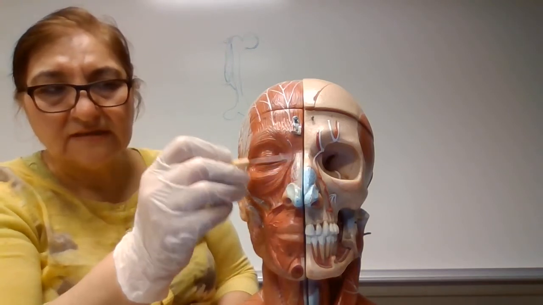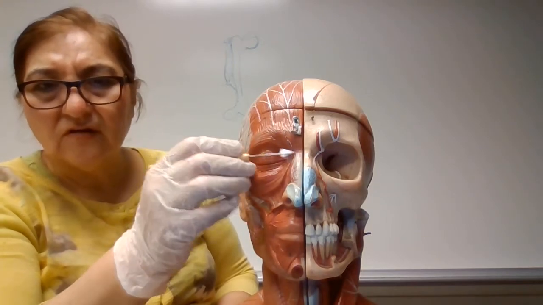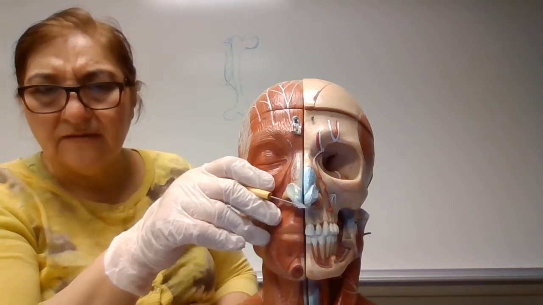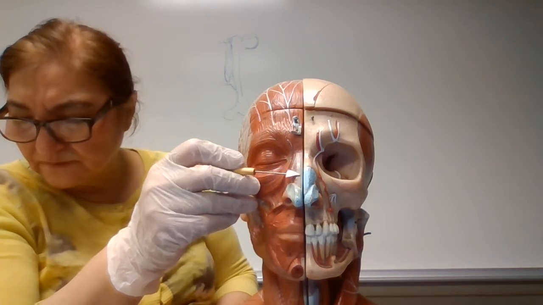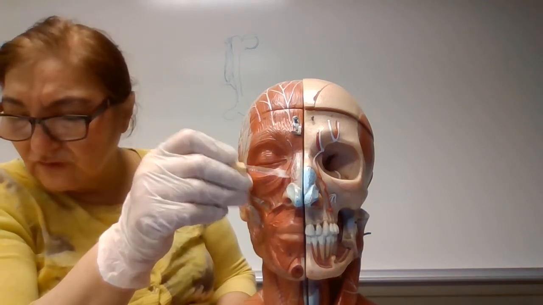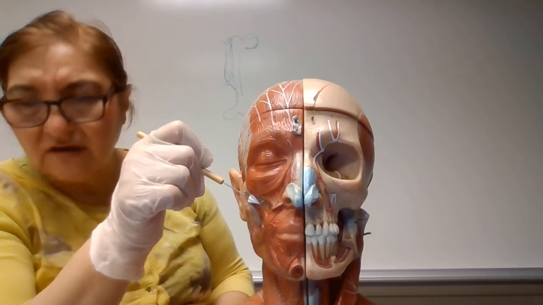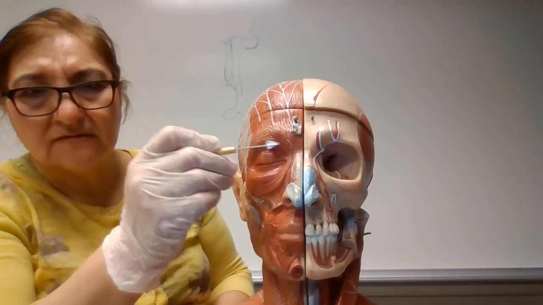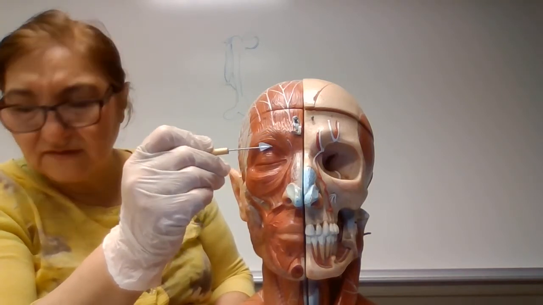For you to remember, the insertion is the orbit bone. And the origin of this muscle is the medial margin of the orbit, the ciliary margin and medial margin of the orbit.